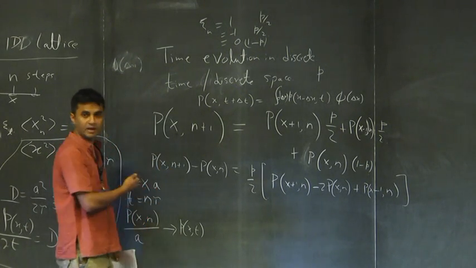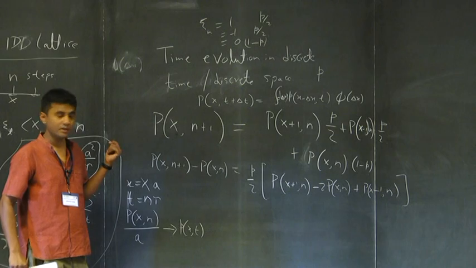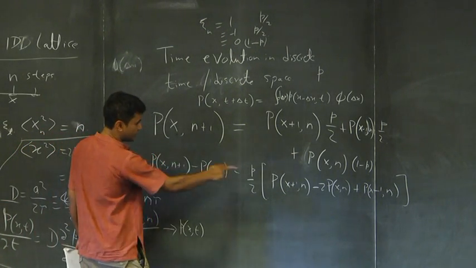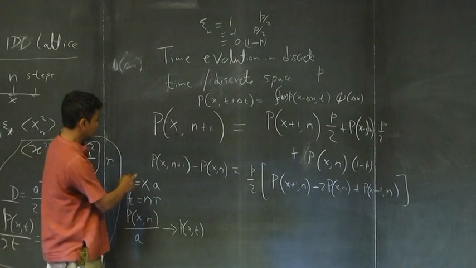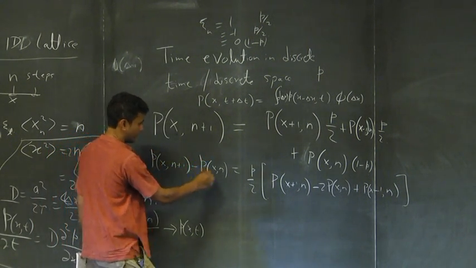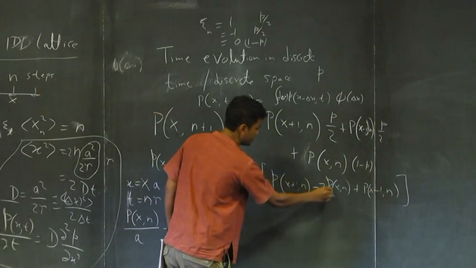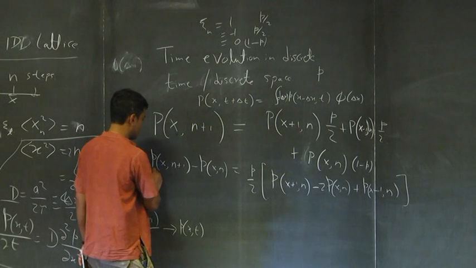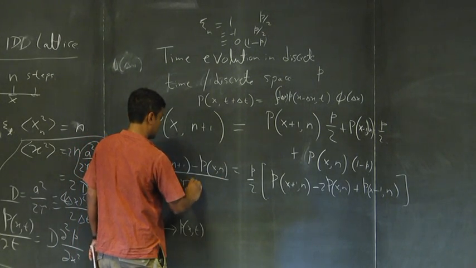So first I divide by a. Because this is everywhere linear in p, if I divide by a, then I automatically get p, so I can just put it as p. And then I divide by time tau.